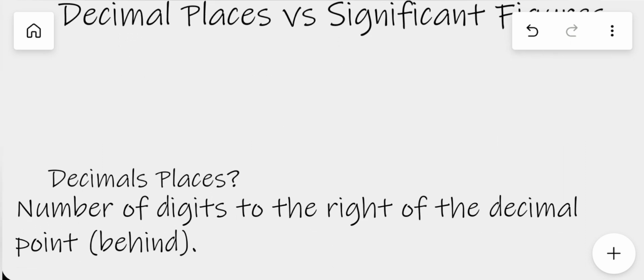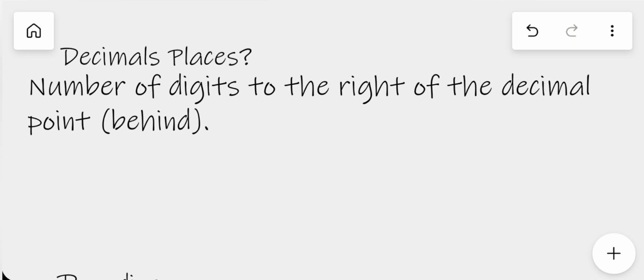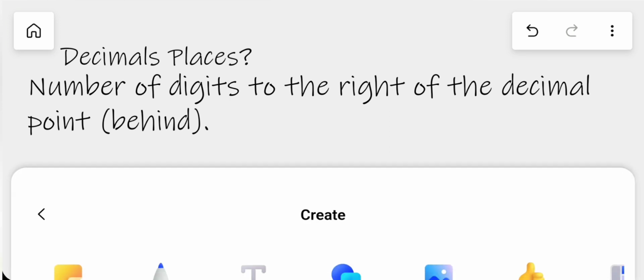So I'm going to start with the easier one first that students tend to understand, which is decimal places. And what are decimal places? So simply put, it's the number of digits to the right of the decimal point, or as other persons would suggest, it would be behind the decimal point.